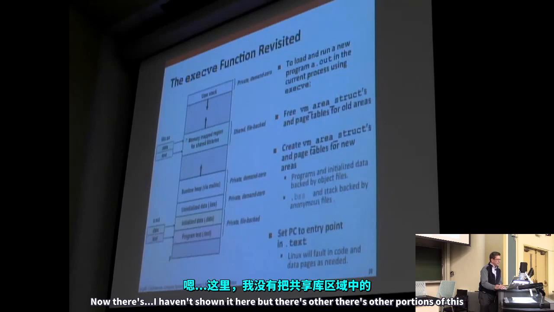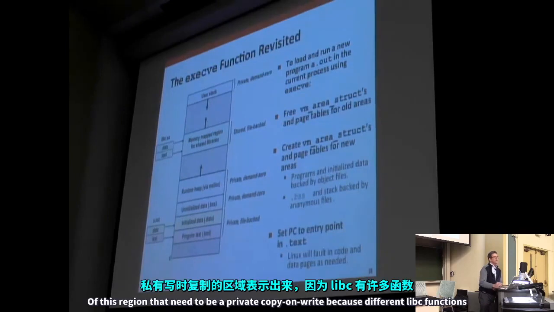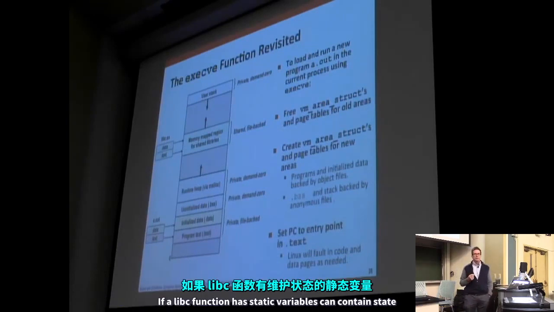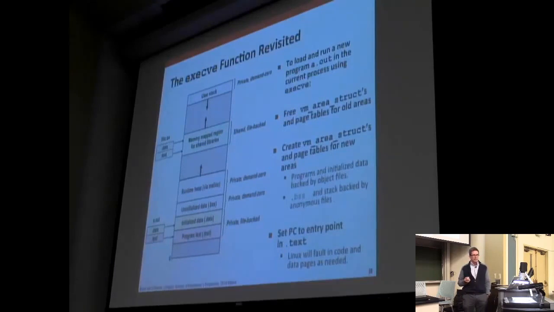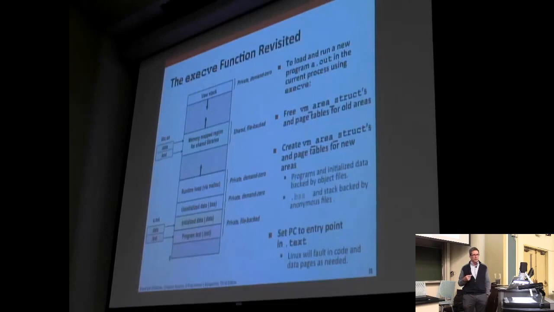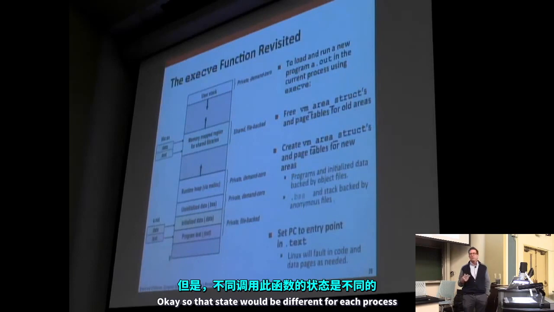Now I haven't shown it here, but there are other portions of this region that need to be private copy on write, because if a libc function has static variables or contains state, like a typical random number generator, it retains state across each invocation. That state would be different for each process.